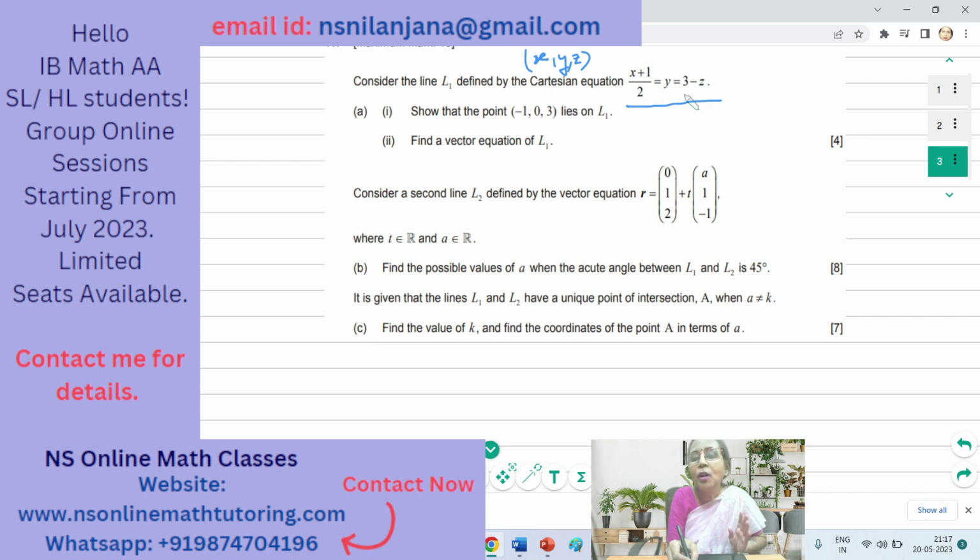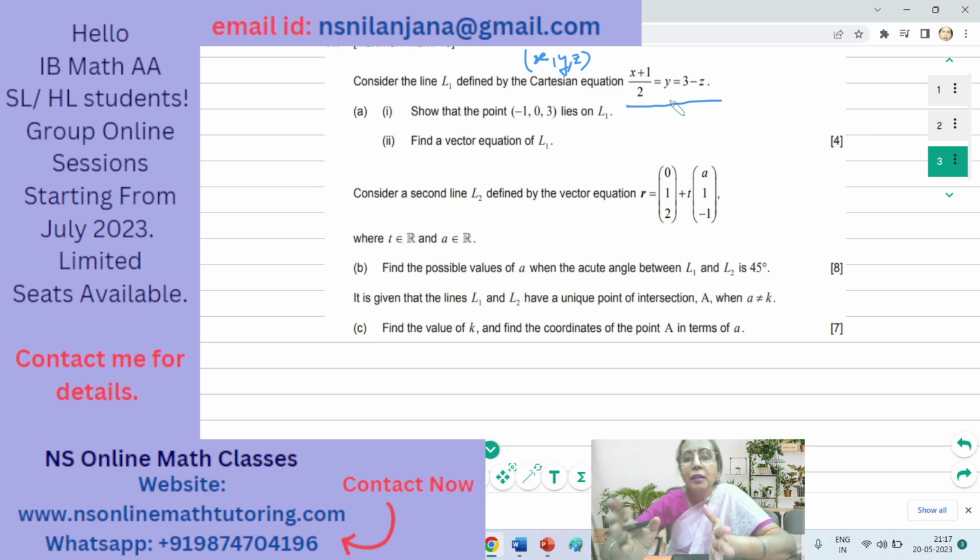in this relation, I'm calling this a relation rather than an equation, because it actually contains three equations. It is the Cartesian equation of a line, but we can just decompose this into three equations: x plus 1 over 2 equal to y, x plus 1 over 2 equal to 3 minus z, and y equal to 3 minus z. So, depending on which point we are taking, the x plus 1 over 2 value or the y value or the 3 minus z value will be different.